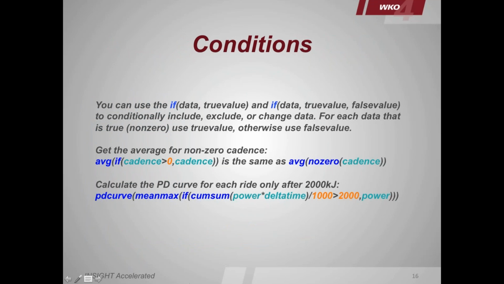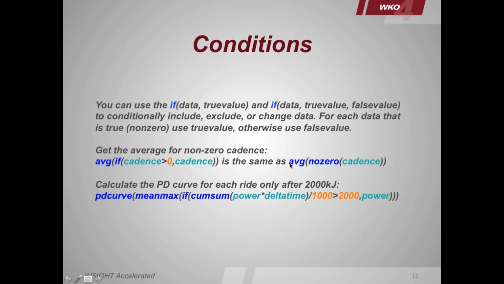Conditions. This is a way of conditionally including data based on a Boolean condition. So you can say, if some condition is true, then use the true value, otherwise use the false value.